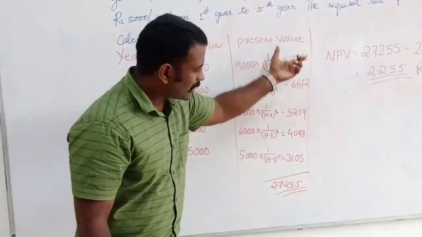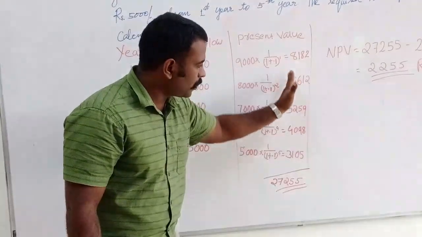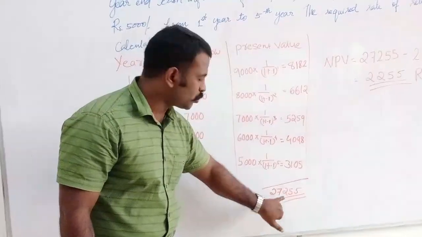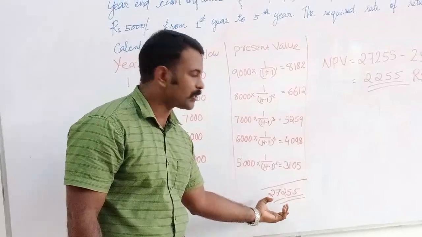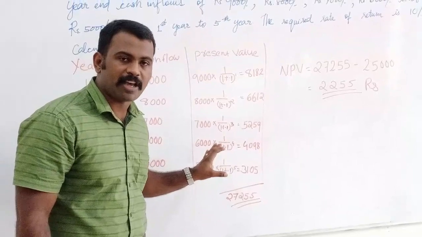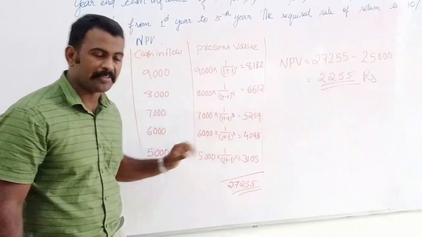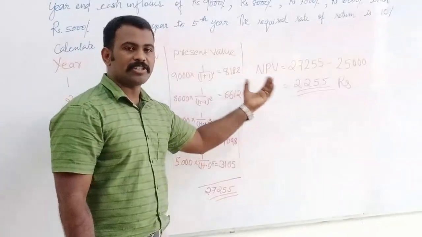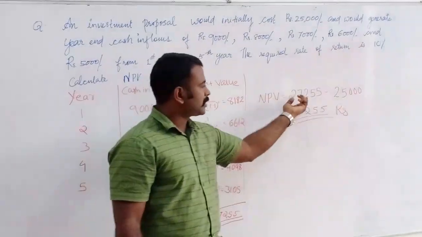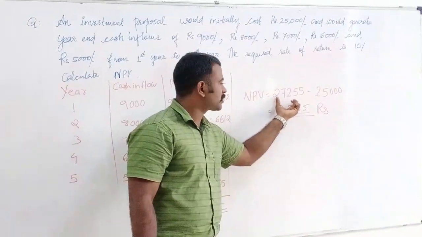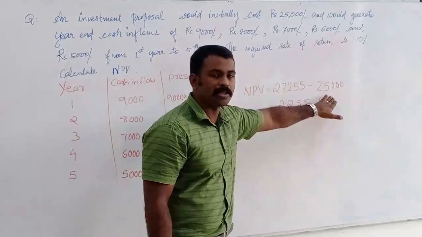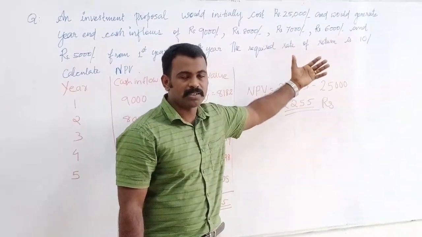So here at last we summarize all the cash inflows' present values. We got 27,255. That is the final result, the summation of all the present values of the cash inflows of the corresponding 5 years. So from the calculation part we get the net present value of the investment. This is the summation of all the present values of cash inflows, 27,255, minus the initial outflow, that is C0, as expressed in the equation.